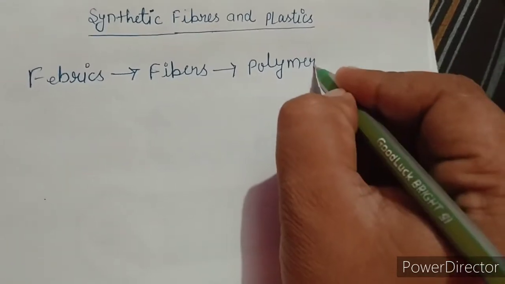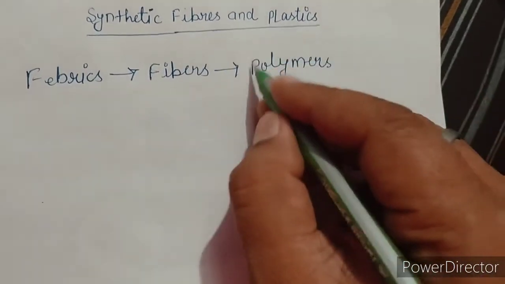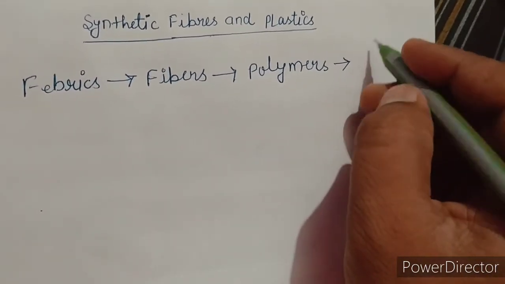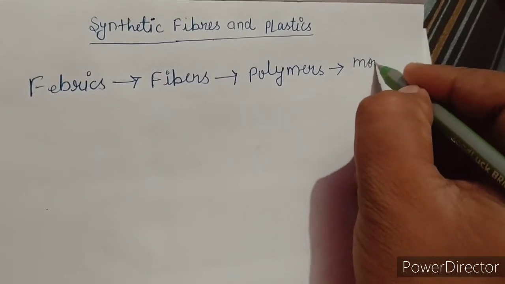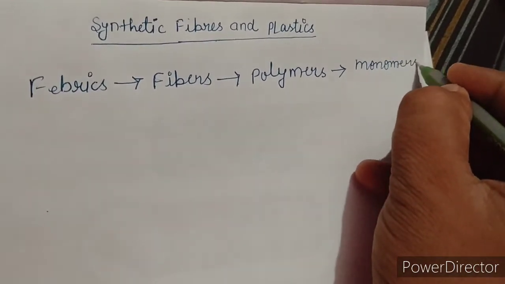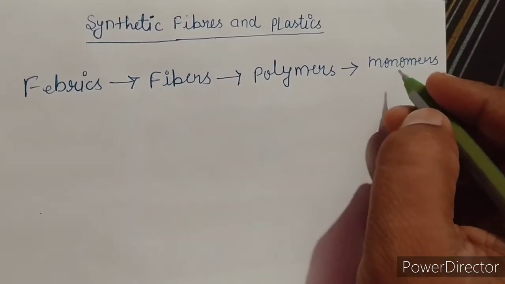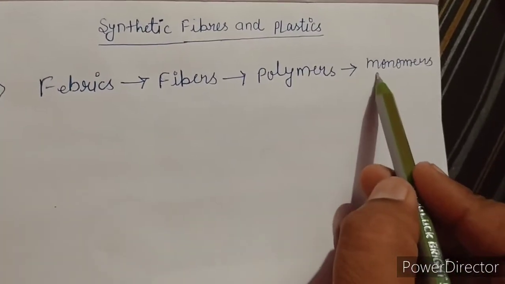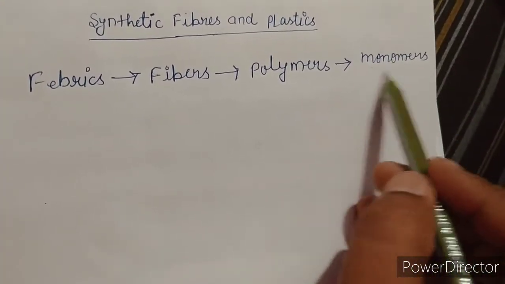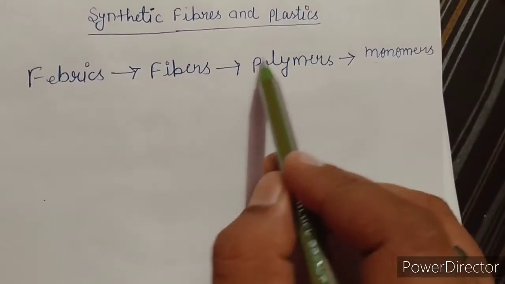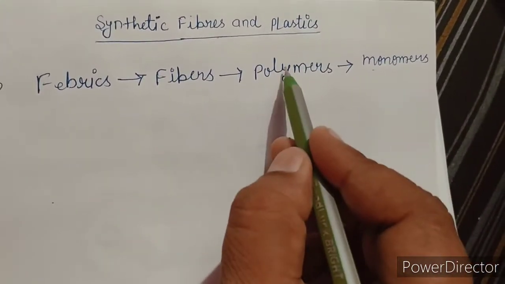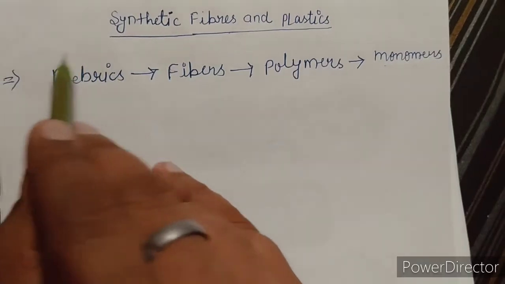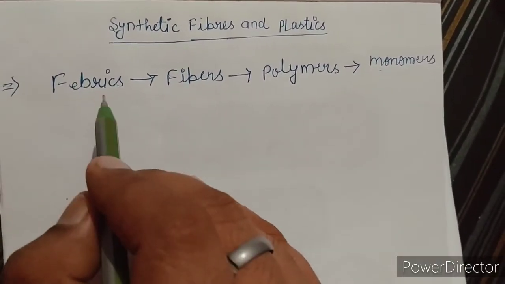Polymers form when monomers combine. So what we have revised here: when small units of monomers combine, they form polymers, and when polymers combine, they form fibers, and fibers are a type of fabric.